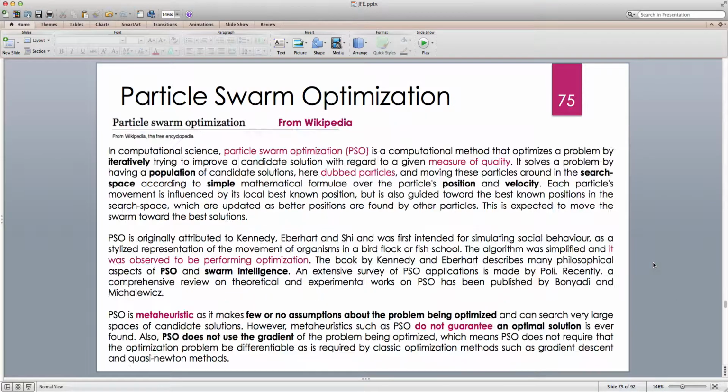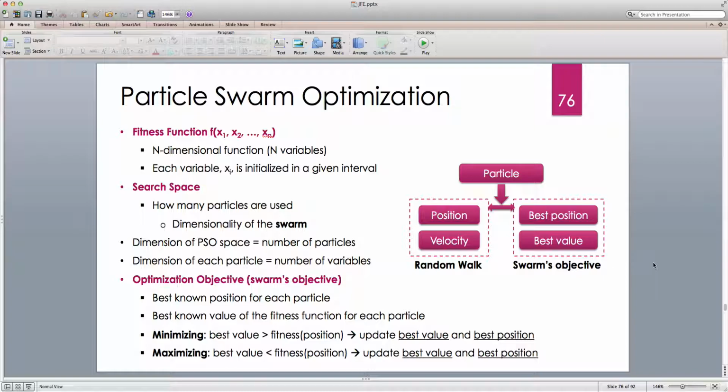And we mentioned that the general approach is based on the behavior of a swarm. So there are some members of the swarm, which we call particles in general, but these particles could represent a general member, like a bee or an ant in a swarm of bees or ants. And we said that each particle has a random walk, so its motion is basically random, but then the particles obey the swarm's objective, right?